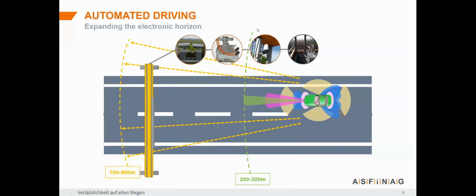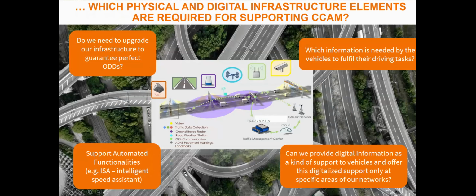The green one is what the vehicle is capable of doing by itself, but with infrastructure it can be much wider, and therefore you can react in time to some events. Also, the information about events that are on your path is very important in this context, but I will come to that later. So the question is, do we need to upgrade our infrastructure?